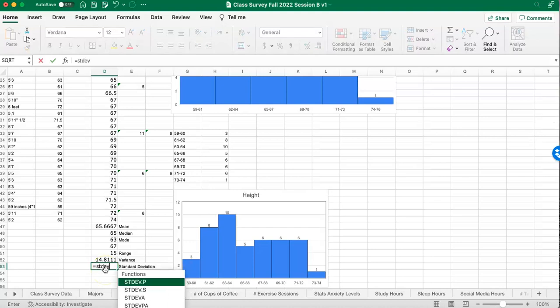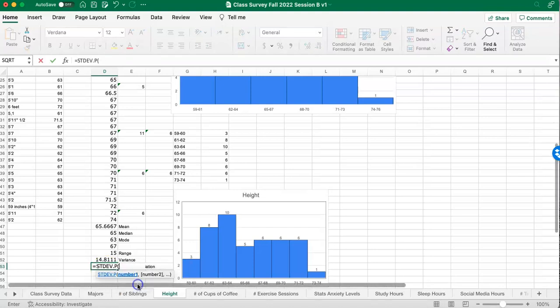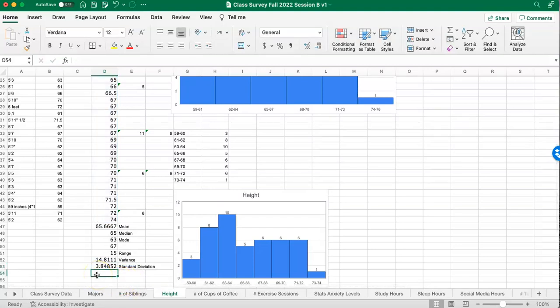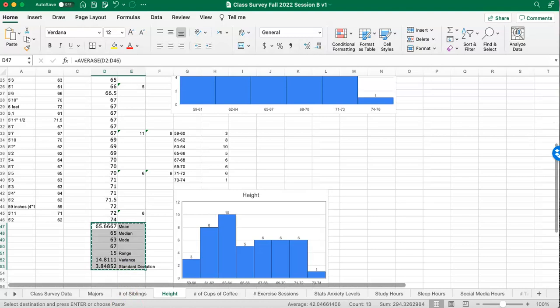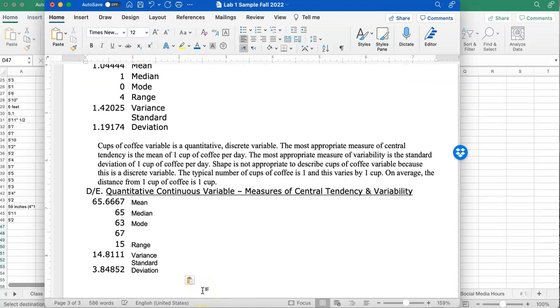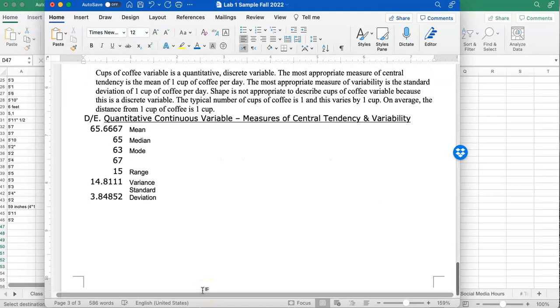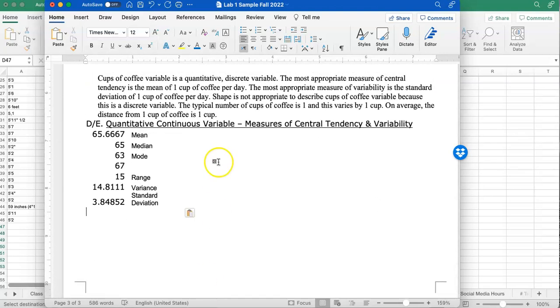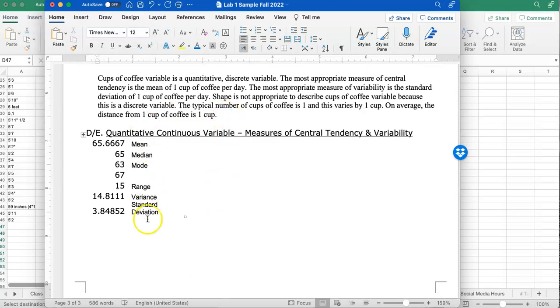Equals STDEV, and we're going to do population again, D2 colon D46, and it highlights the numbers that we need. Okay, and it looks like the standard deviation is 3.8. So let's copy this and bring it over to our Word document, Control V. Excellent.